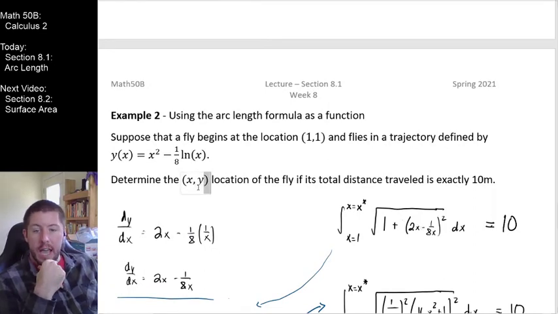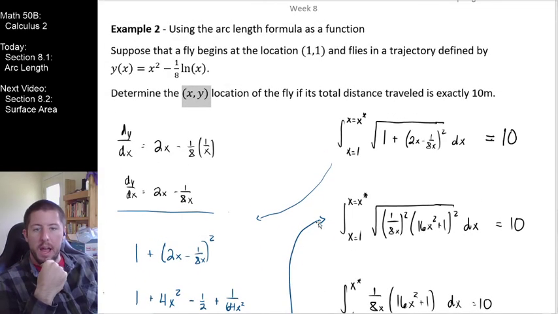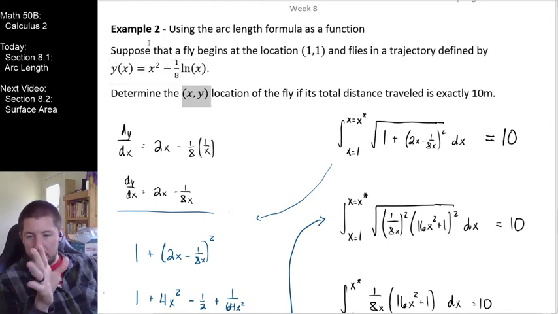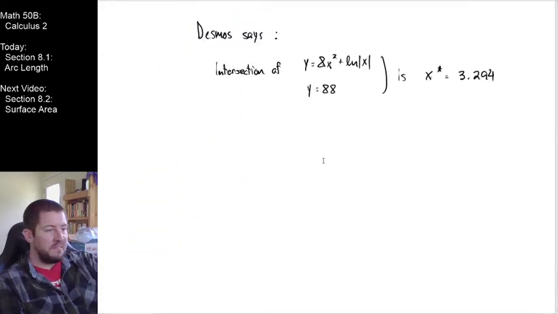We are interested in the XY location of the fly. What we just found, x star, is the x location of the fly after that amount of time. I'm still interested in the fly's y location, so as my very last thing, I throw this into y. y equals x squared minus 1/8 natural log of x.